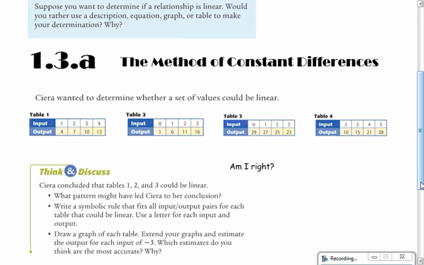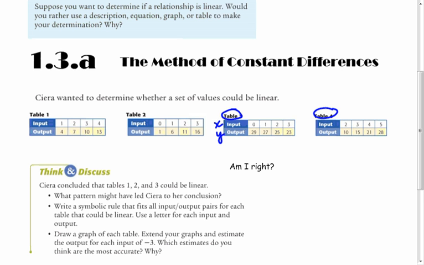All right, so you'll notice, I'm going to skip the first two tables here. I'm going to do table 3 and table 4. So what I'm looking for is the difference between the values in the input and the output. Now the input is just the x values, the output is the y values.